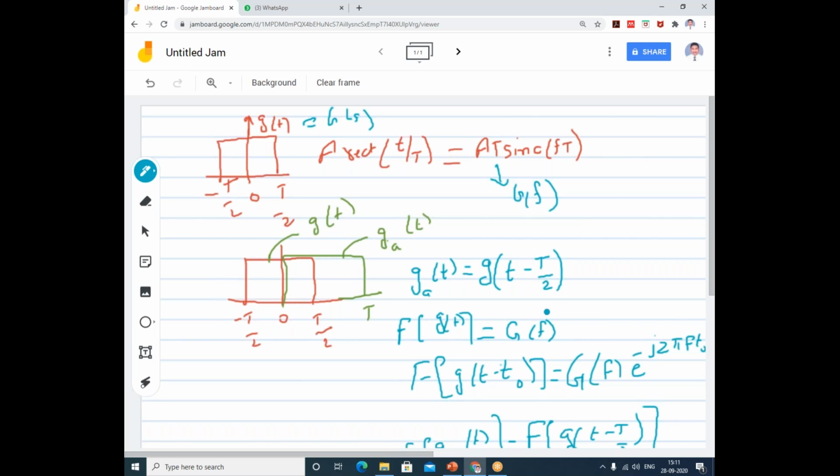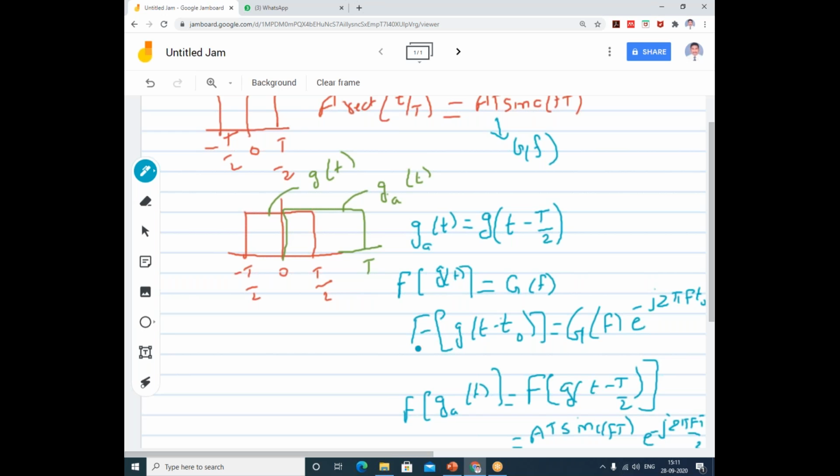So we know from the Fourier transform property, using time shift, this is what the time shifting property. From the time shifting property, the Fourier transform of g of t minus t naught you can write as G of f into e power minus j2 pi f t naught. Here my t naught is T by 2.